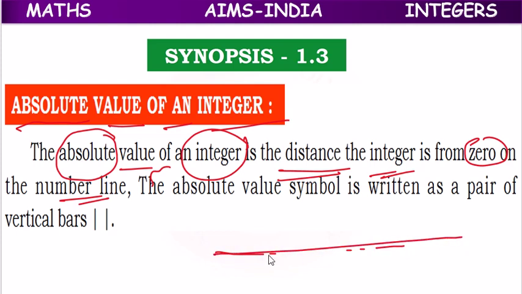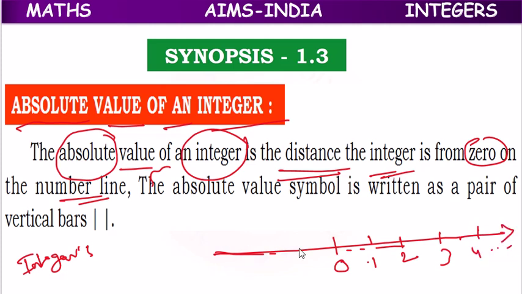On the integer number line, in the middle we will be having 0. On the right hand side we will be having positive values like 1, 2, 3, 4 and so on. And on the left hand side we will be having negative values -1, -2, -3, -4 and so on.